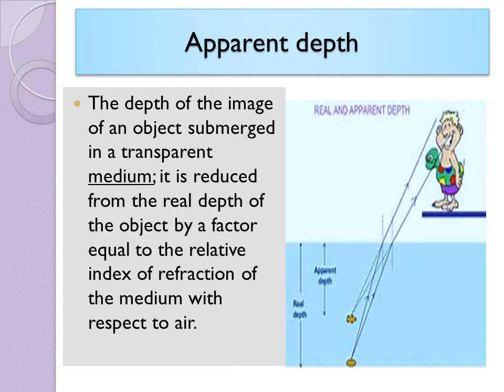So what is the apparent depth? It is the depth of the image of an object submerged in a transparent medium. It is reduced from the real depth of the object by a factor equal to the relative index of refraction of the medium with respect to light.